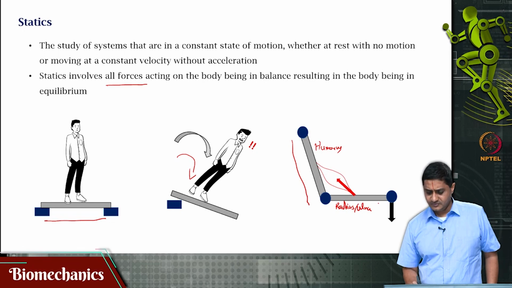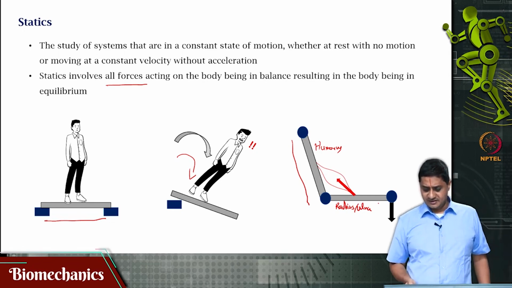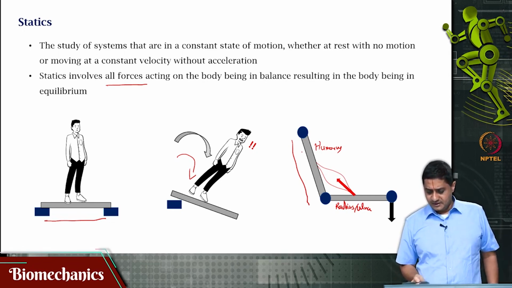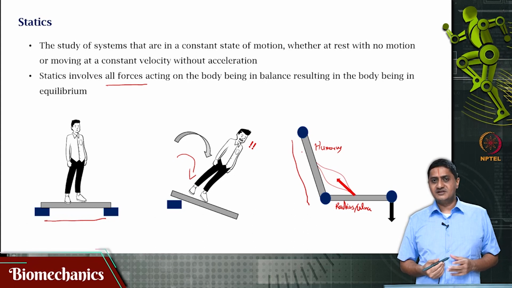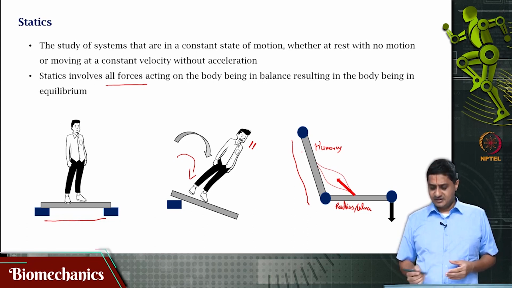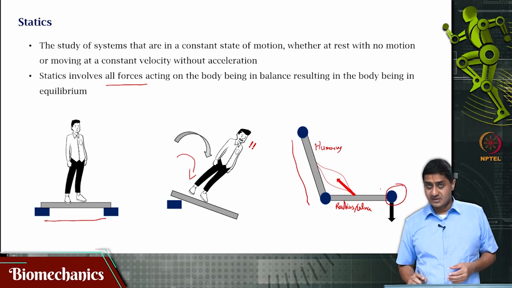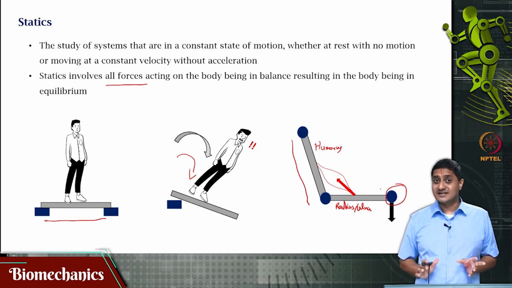Now, a muscle can connect these two, right, and if this object is to be in static equilibrium, the force that is produced by the muscle must compensate for the weight of this object. That does not mean that these two are exactly or numerically equal. We will have to work it out.